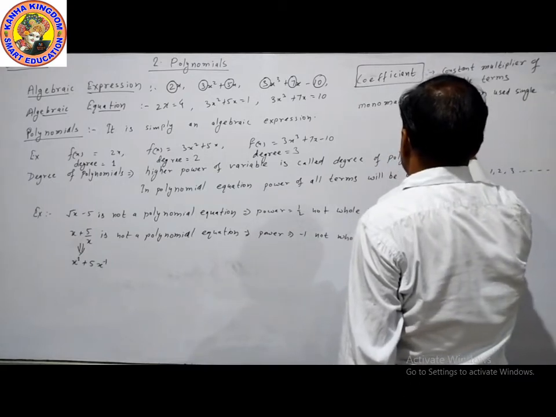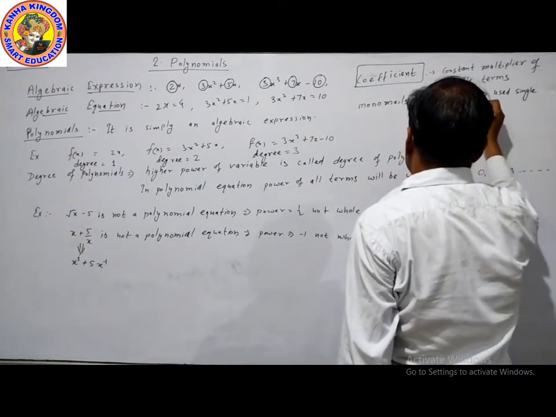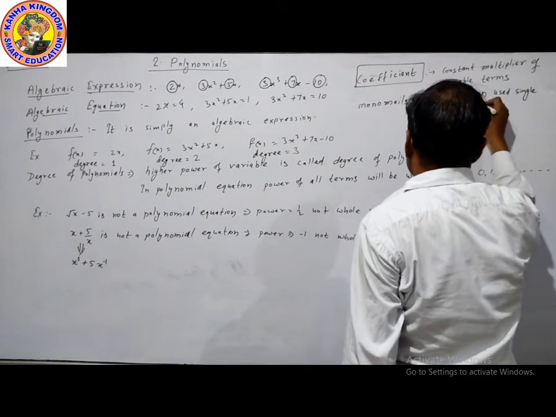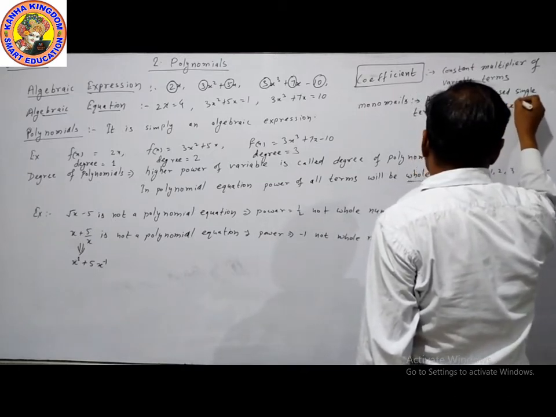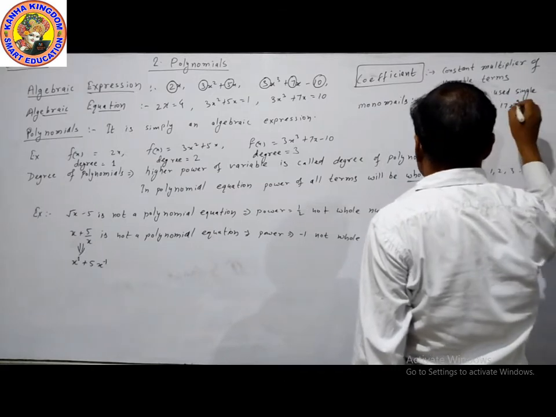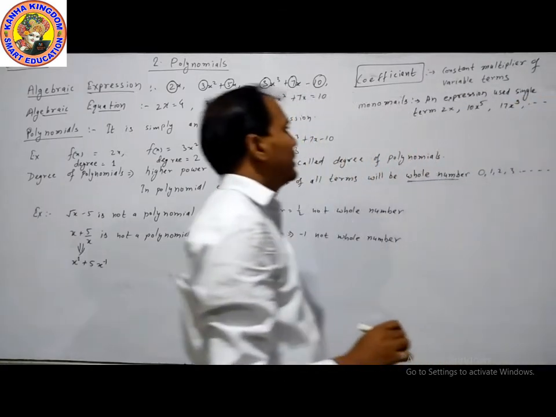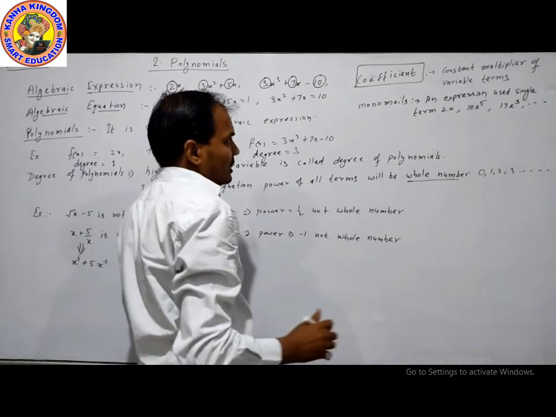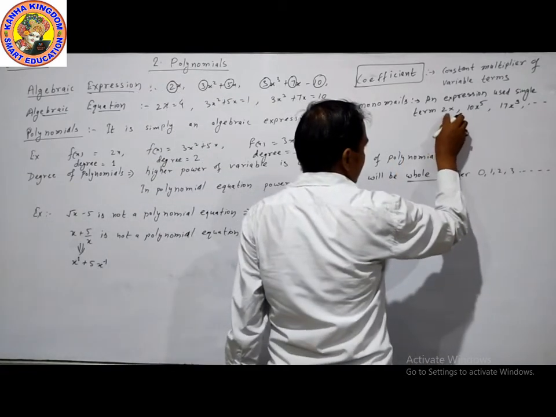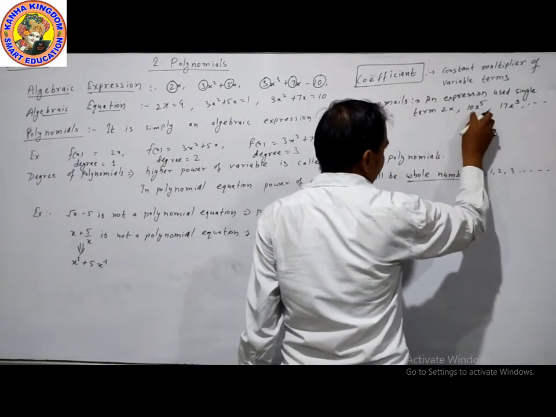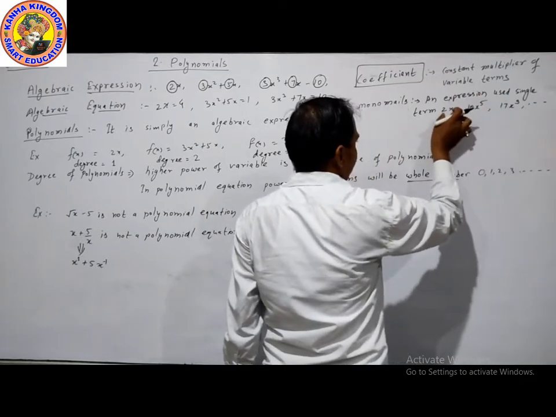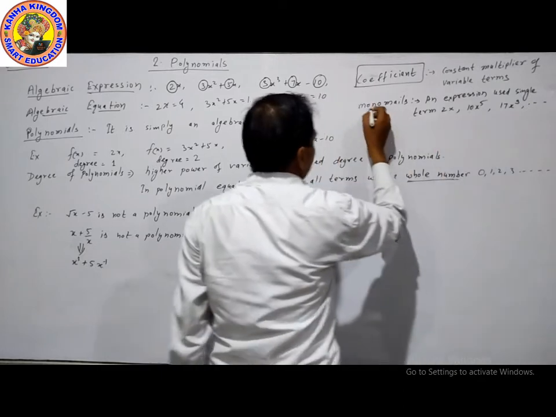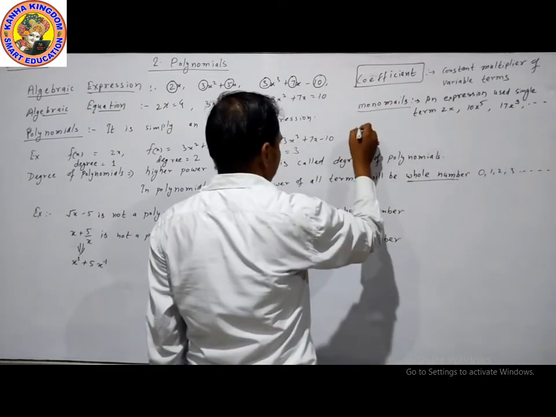For example, 2x, 10x to the power 5, 17x to the power 9. These are examples of monomials. In these, the expression uses a single term. If we use a single term, it is called a monomial.